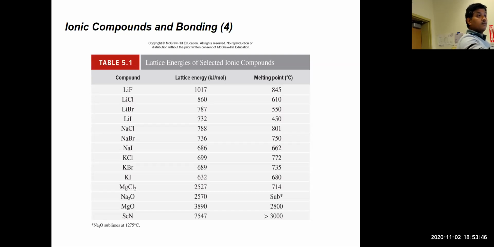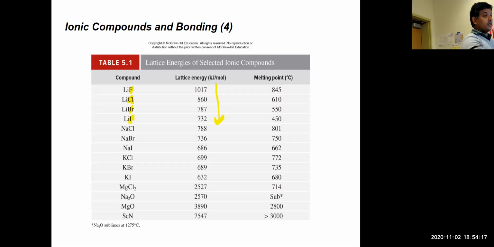So lithium, when making a bond with fluorine, chlorine, bromine, iodine, there must be some trend, right? It's the same element making bonds with fluorine, chlorine, iodine from the same group that have different atomic radius and the same charge. So there must be some trend. The trend here is that the lattice energy is decreasing in that set.